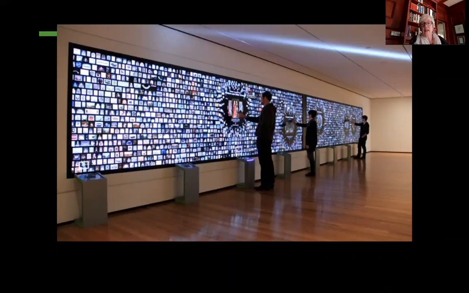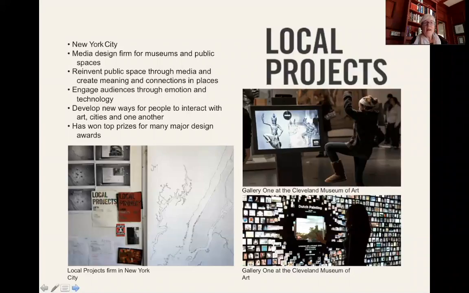He clearly is looking at innovation through advances in technology to find new ways that people can interact. Crazy screen, you touch one thing, everything else blows away and you find out about it. So incredibly interactive. Yes, this is an interior installation, but he goes on to look at other ways that he can do these. Here's a couple other ones.